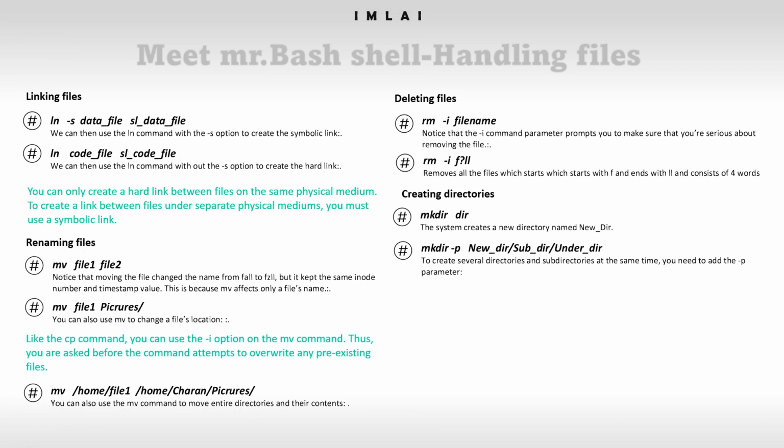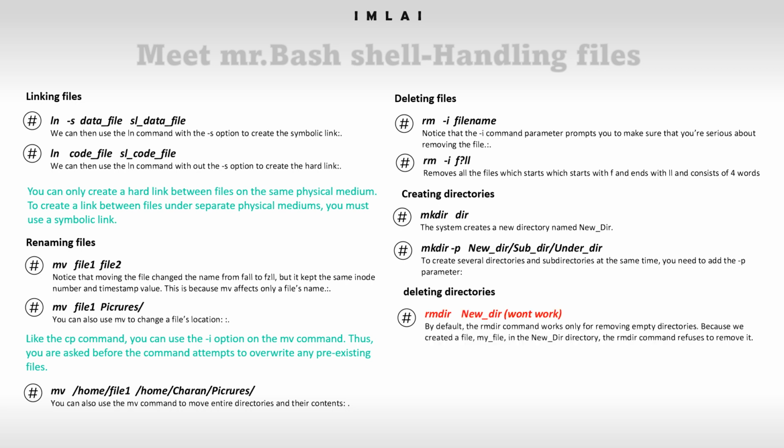So then we will look into deleting directories. So removing directories can be tricky, and for good reason. There are lots of opportunities for bad things to happen. When you start deleting directories, the shell tries to protect us from accidental catastrophes as much as possible.